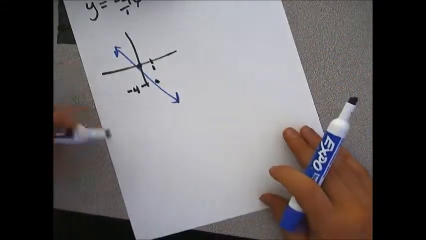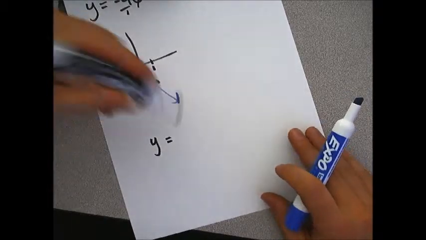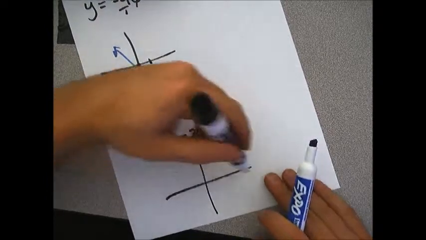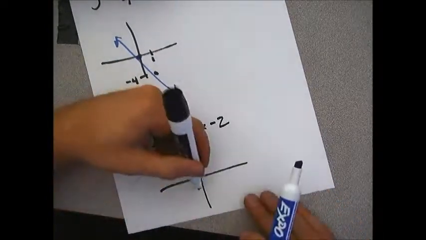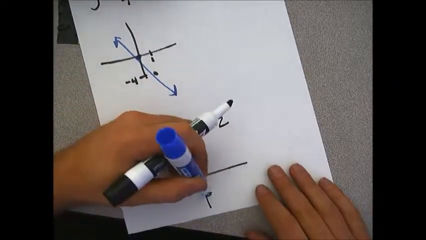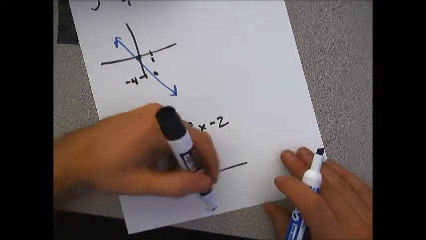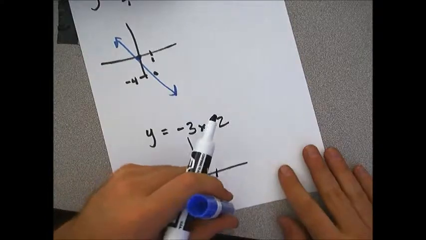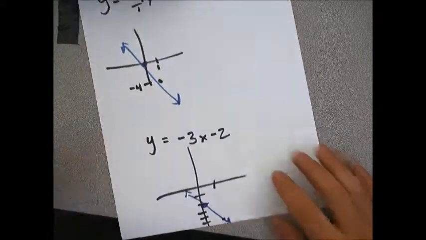If I said y was equal to -3x minus 2, I would be starting at -2, and I would make my dot, and then I would be going down 3/1, and then I would have my line going that way.